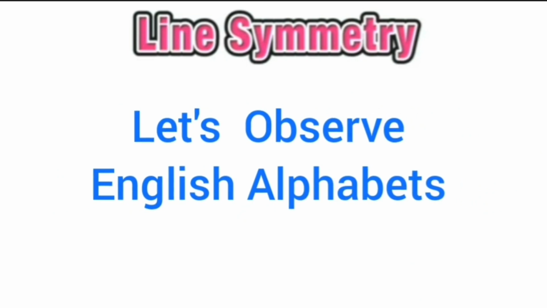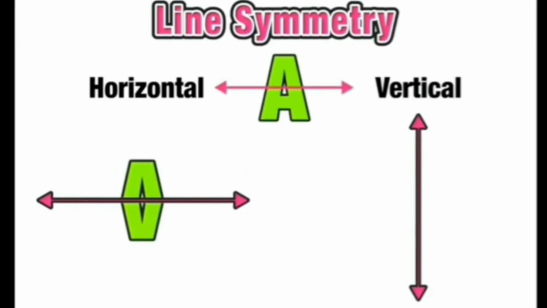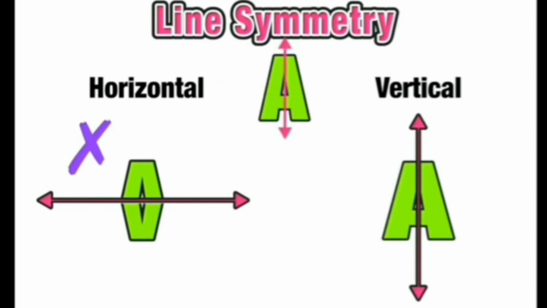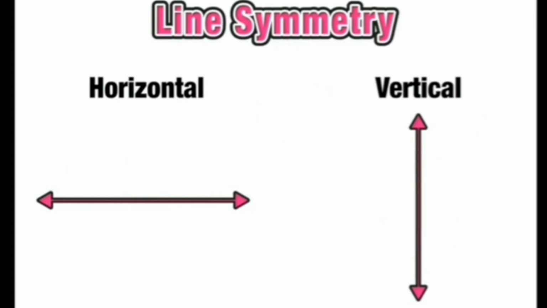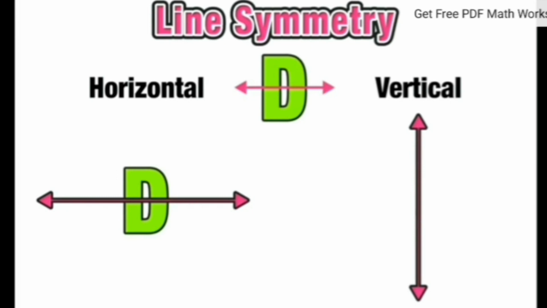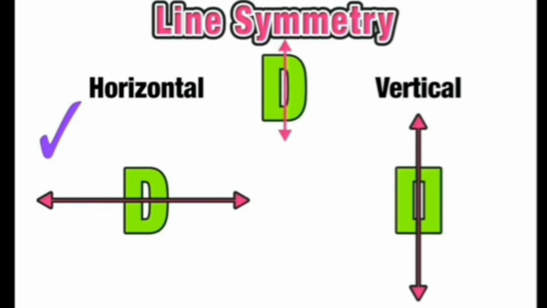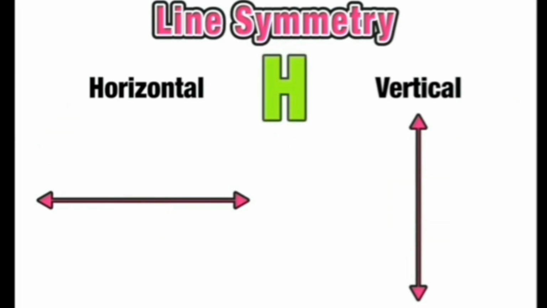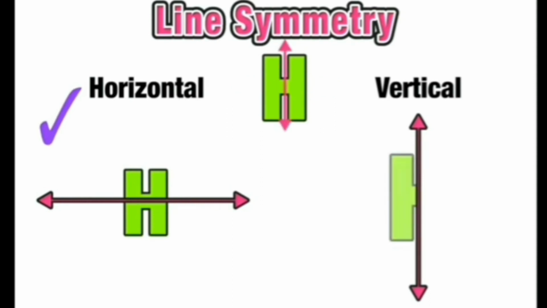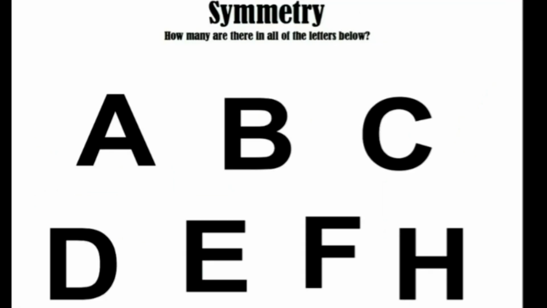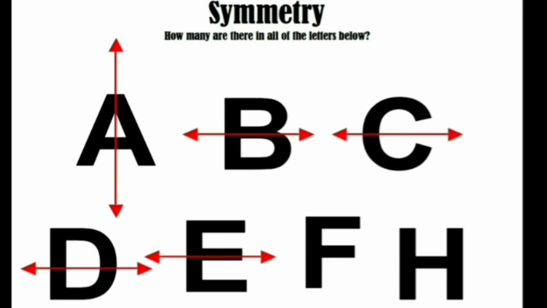Let us observe the lines of symmetry of some English alphabets. Here you must have observed the line of symmetry can be vertical, horizontal, or both vertical and horizontal.